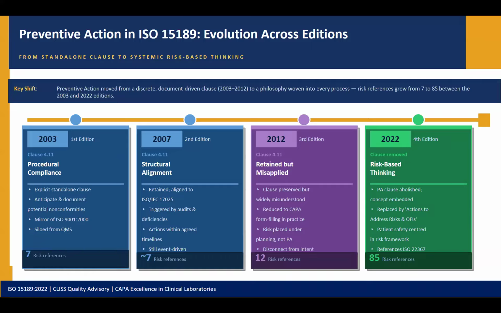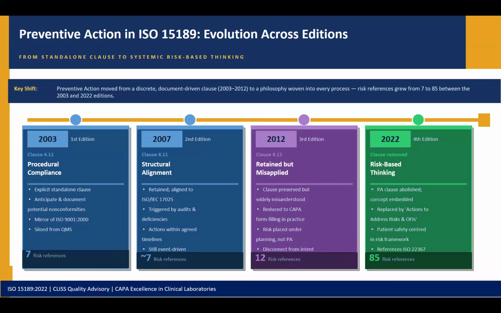In the 2003 version, it was mainly a procedural compliance issue. It was introduced as a standalone clause that was merely mirroring what was in the parent standards, that is ISO 9001:2000 and ISO 17025.